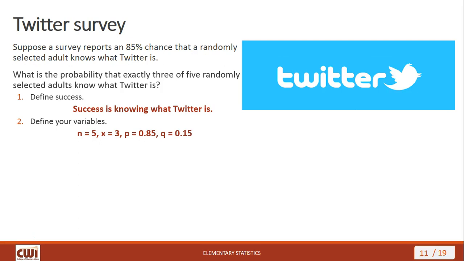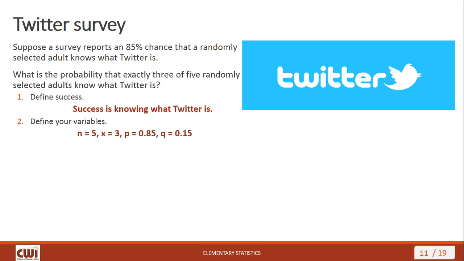x = 3 is going to be the number of successes. This is our random variable. We want the probability of 3 from our distribution when the total number that we could ask would be 5. Now, the probability of success, p, is going to be 85%. That's because we defined success by knowing what Twitter is, and the probability that someone knows what Twitter is from our problem statement is 85%.